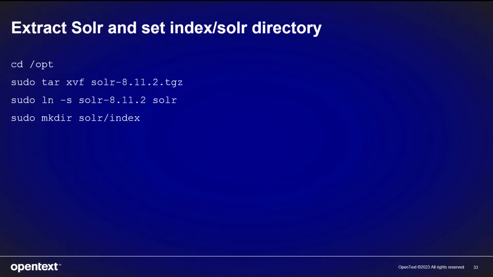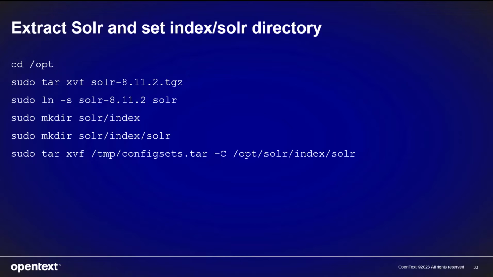We also do a mkdir for Solr index and Solr index Solr. Then I'm going to take the configsets.tar that I created from my UCMDB server and put it in the opt Solr index Solr directory.